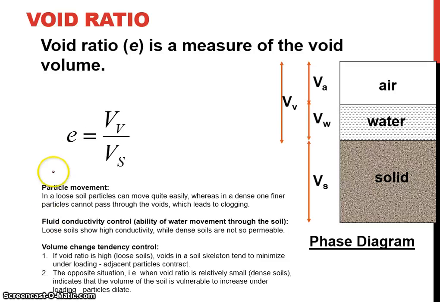So what is void ratio? Void ratio is the volume of voids, this part, divided by the volume of solid, the ratio to the volume of solid. So how much the voids compared to the solids.